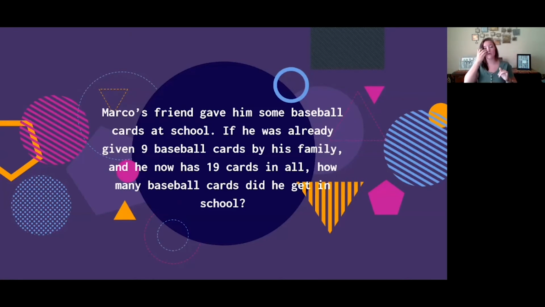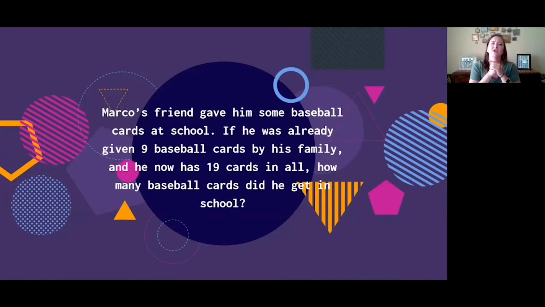All right, I'm going to read it one more time, then give you 2 minutes on the clock. Here we go. Marco's friend gave him some baseball cards at school.